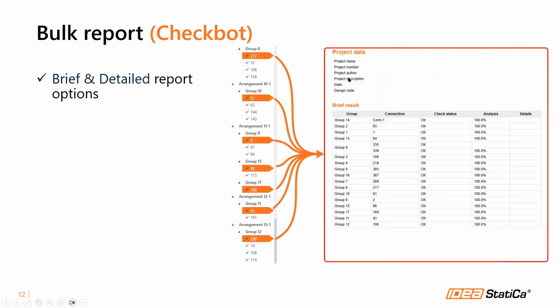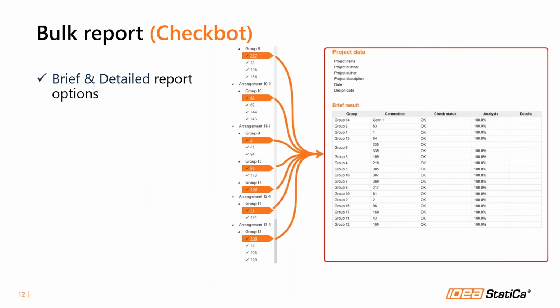Let's talk about bulk report. This is also something that's new in version 25.0. We have an option to create a report for nodes that have been calculated directly in Checkbot.